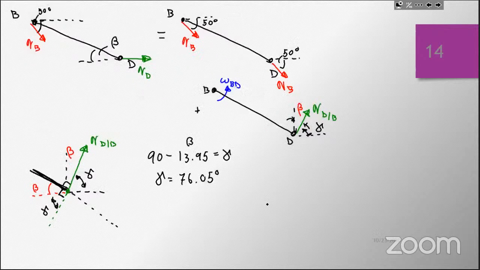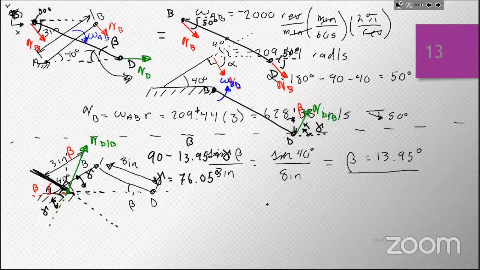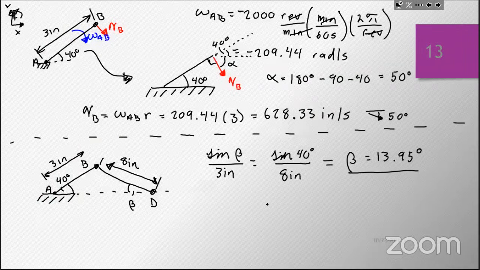Right here. I want the x direction component of VB, and I know alpha. How do I get the x direction component of VB? Is it going to be a sine or a cosine?